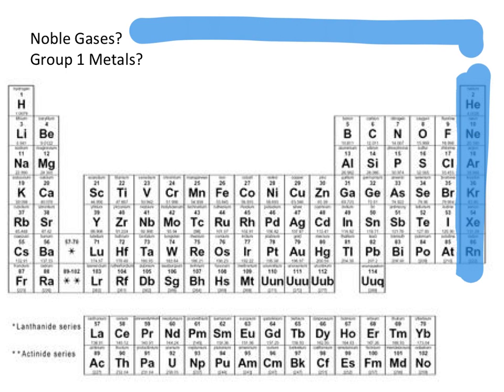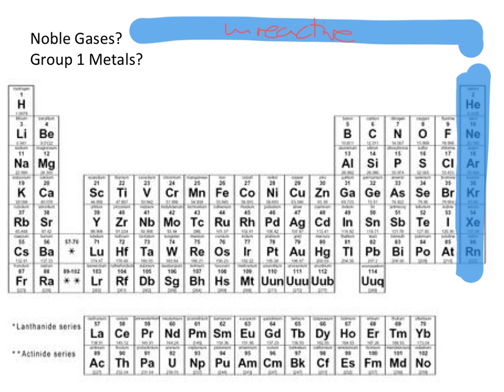Now they're called the noble gases because they are very, very unreactive. And the reason they're unreactive is because they have a full outer shell of electrons. They have no desire to lose electrons, they have no desire to gain electrons. Their outer shell is full, so they are very unwilling to interact with any other atoms, which makes them unreactive.